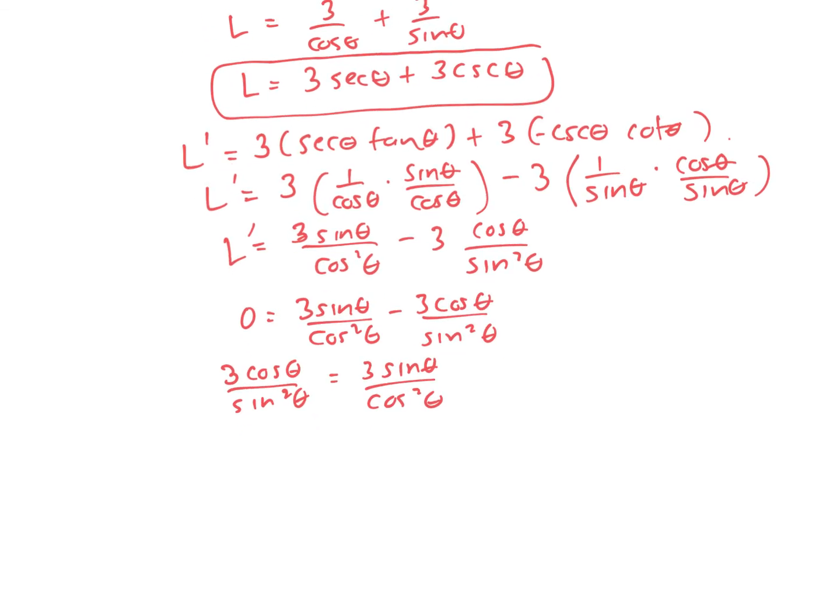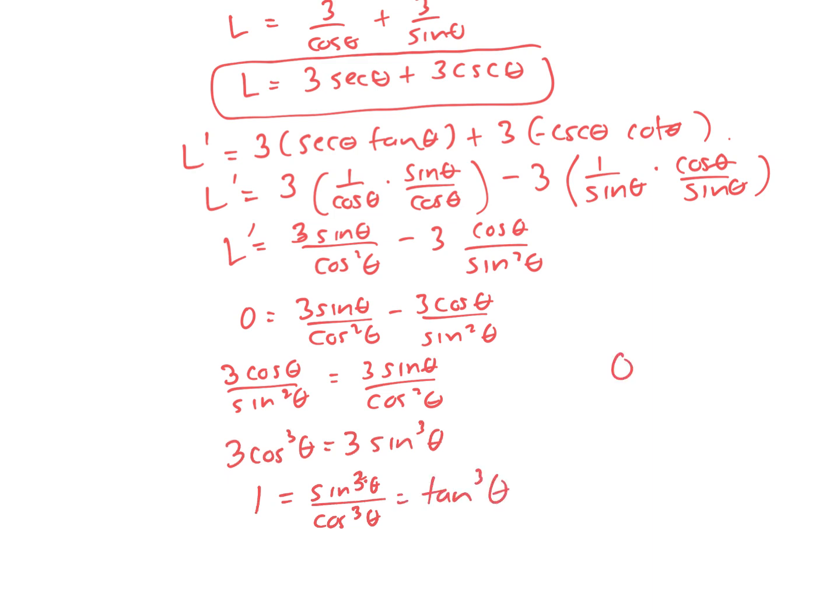So we will get 3 cos to the power 3 theta equals 3 sine to the power 3 theta. And then let's isolate for the variables. So 3 divided by 3 is 1. And then we'll get sine to the power 3 theta over cosine to the power 3 theta, which equals tan.